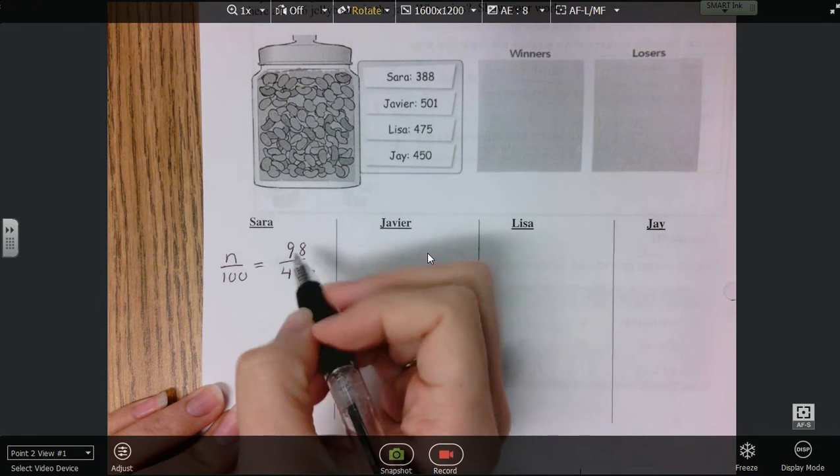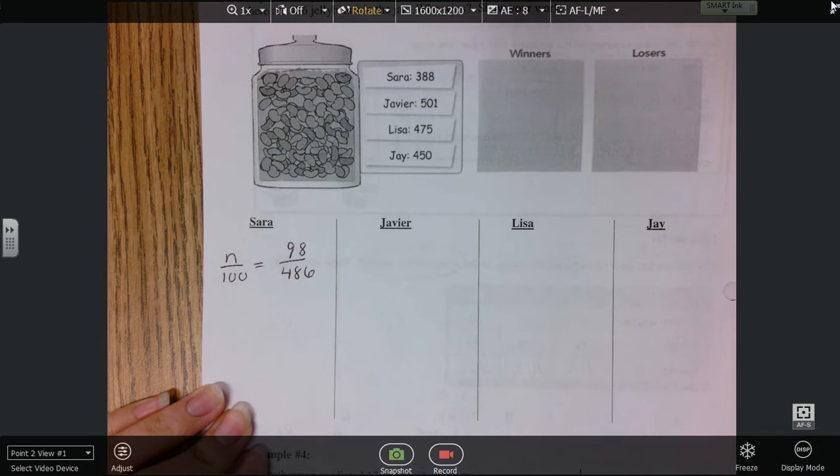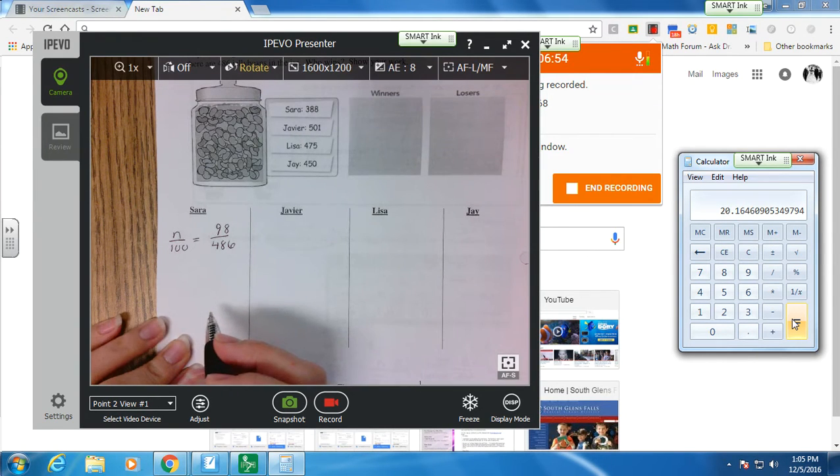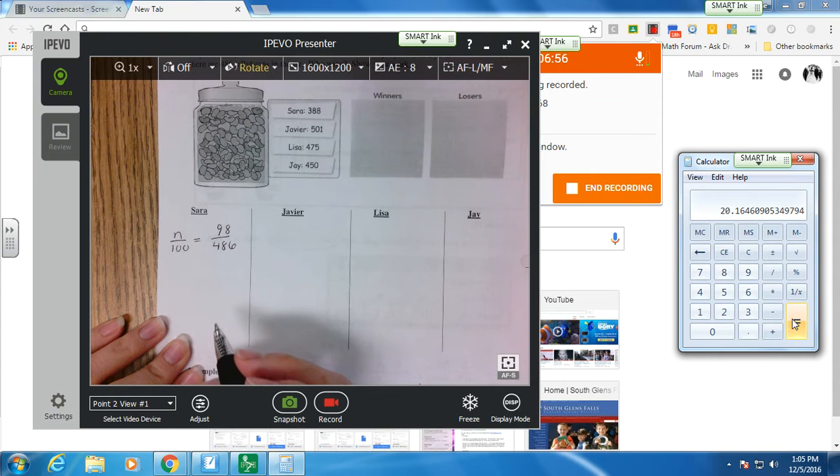What you could do here if you wanted to is take 98 divided by 486 and get a decimal of 2/10 and then multiply that decimal times 100 to get our answer of 20. Or we could go through and do our cross multiplication, but either way, you're going to get the same answer.